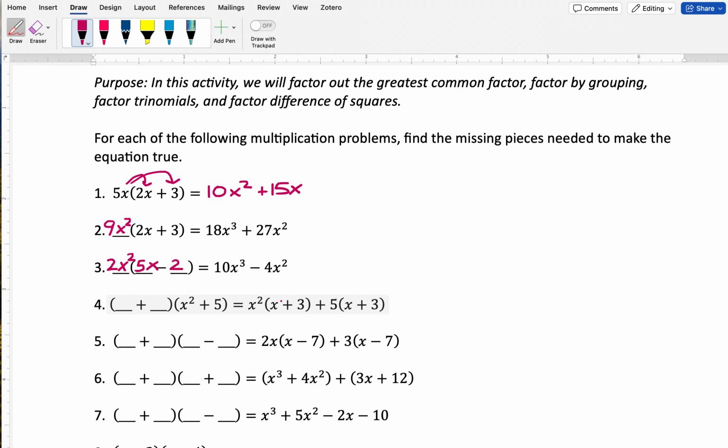So for this one, we have x squared and we have plus 5, and they're both multiplied by x plus 3. So what goes on the outside here isn't a single term like it was above. It's going to be this set of parentheses, x plus 3.